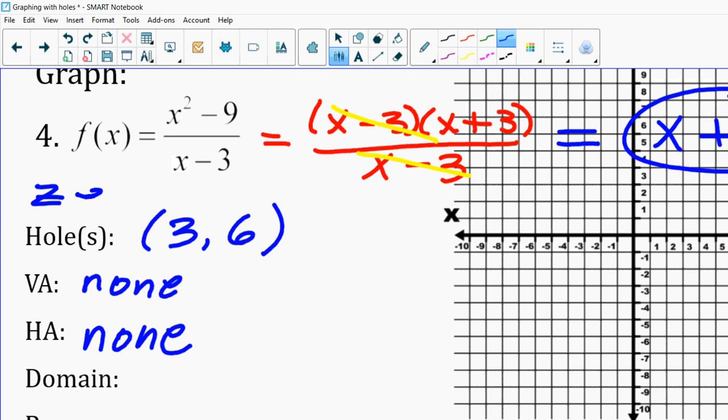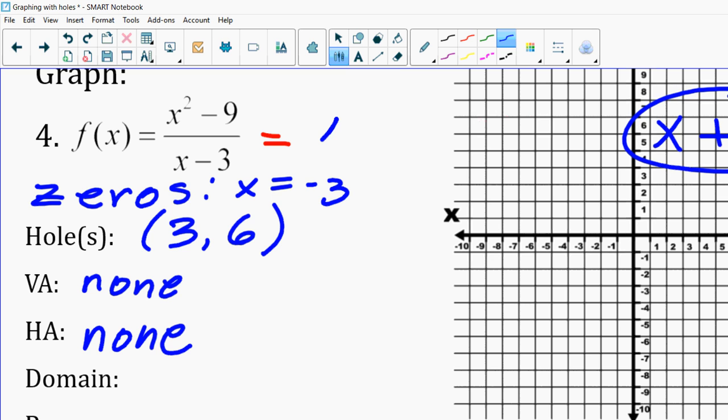Zeros. Now, because there is not a fraction, remember, a fraction is equal to 0 when the top is equal to 0, but I don't have a fraction. So the question is, when is x plus 3 equals 0? When x is negative 3. I know everything I need to know to graph this now. I'm going to put this over here so I can get it off the graph. Now, you have a hole at 3, 6.